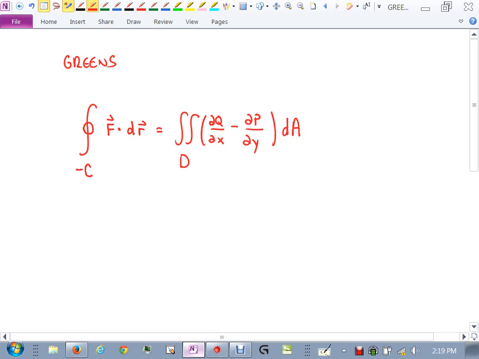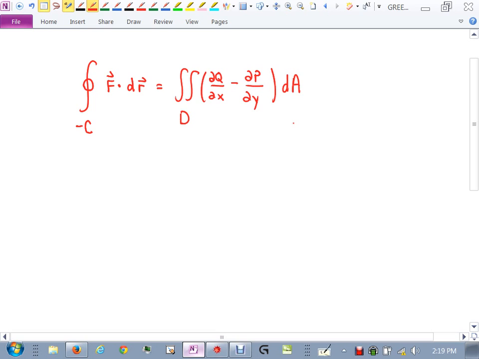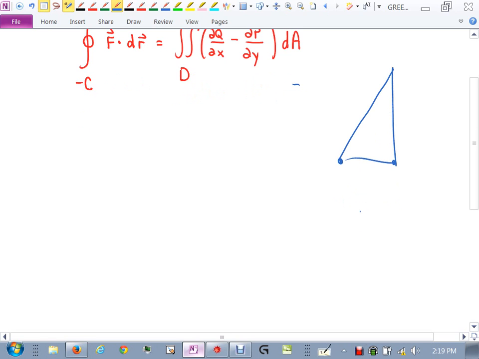All right, let's do our partials we already did, right? What about our region? Let's get our region right now. Type 1 region. What's the restriction on x? 0, 2. Restriction on y? 0 to, what was 6x? 6x, right?